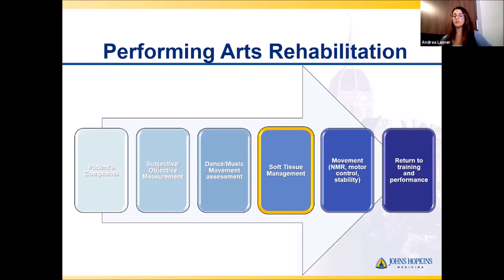We want to make sure that they're able to then work in that new range of motion and recruit the proper muscle that they should be. So that is really what is going to help with the carryover from treatment to treatment with the manual piece here, and ultimately getting them back to practicing, training, and performing.